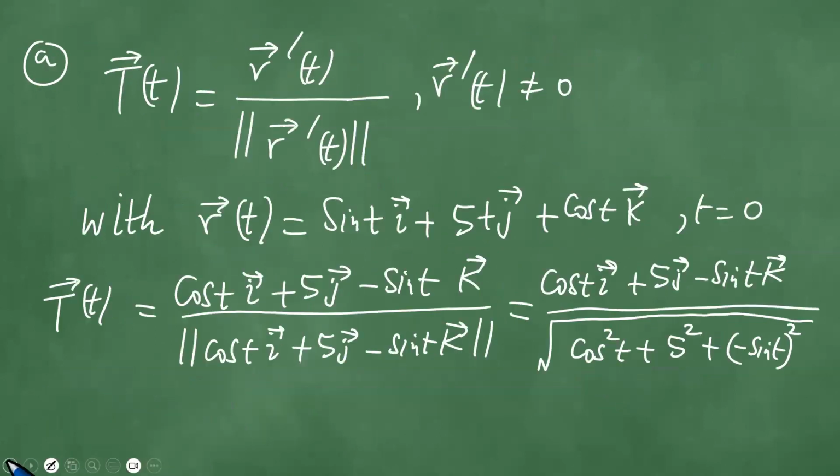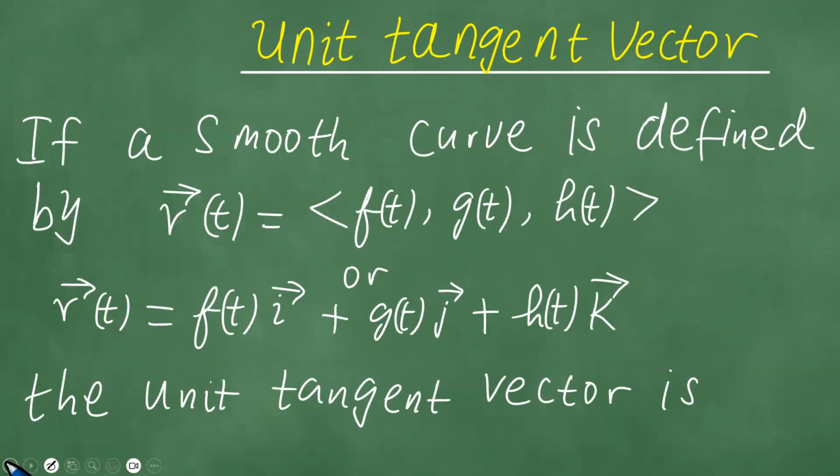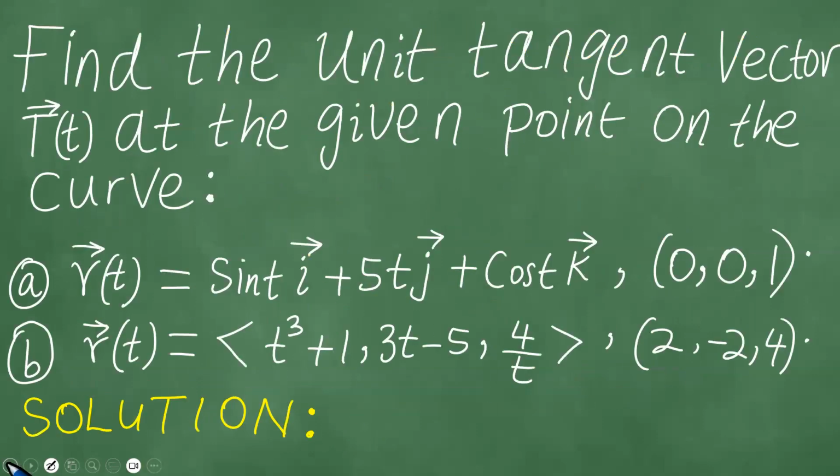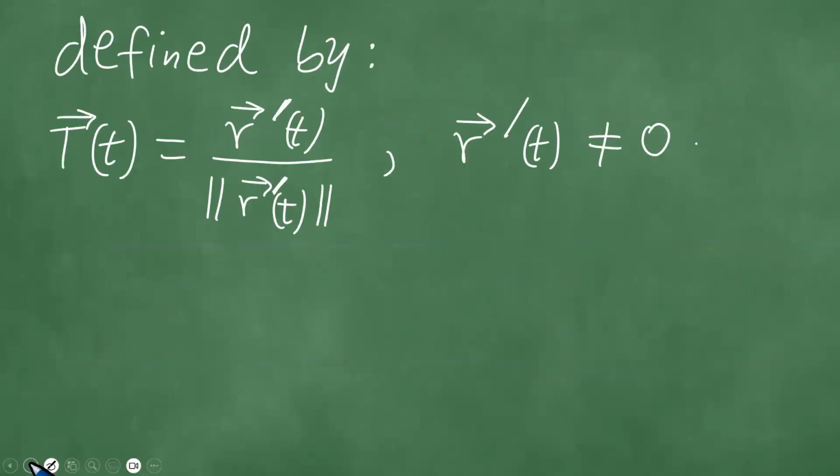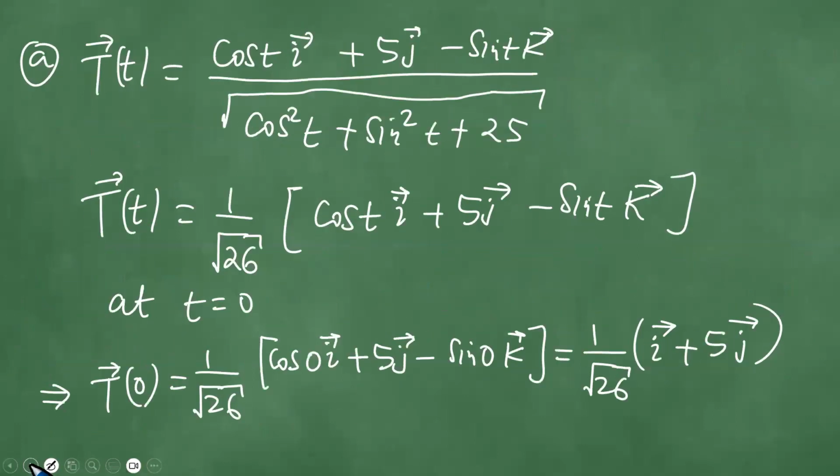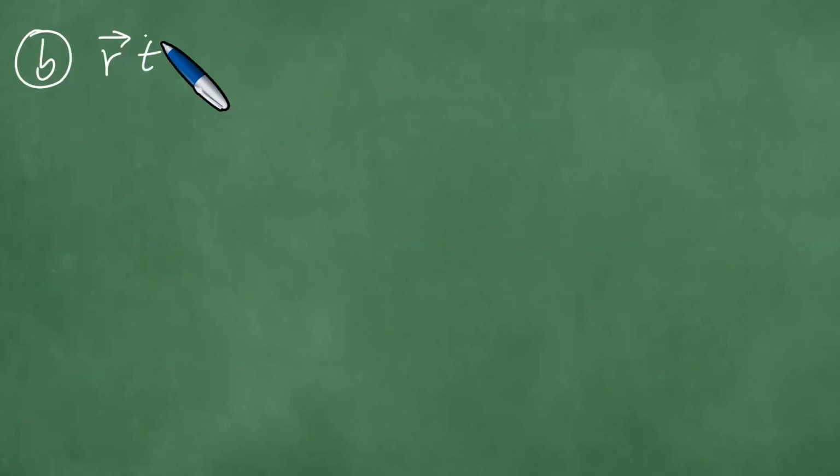Okay, right, so that was the part A, and then now we're going to look at the part B. Right, what is the part B? And now we need to do the part B of our set of problems. So that one is the vector r equals r of t equals t cubed plus 1, 3t minus 5, and then 4 over t. So if you look at it, then we'll deal with B now.